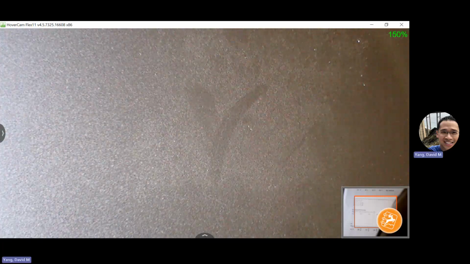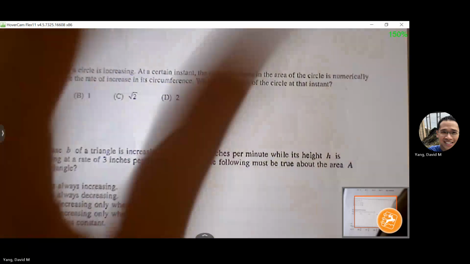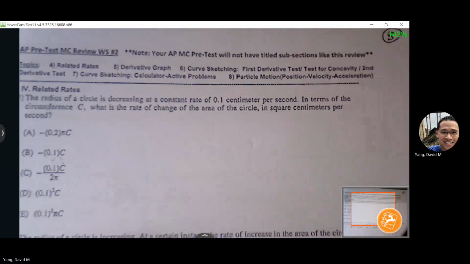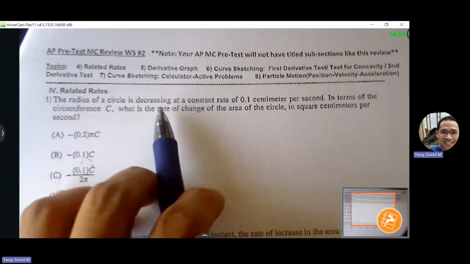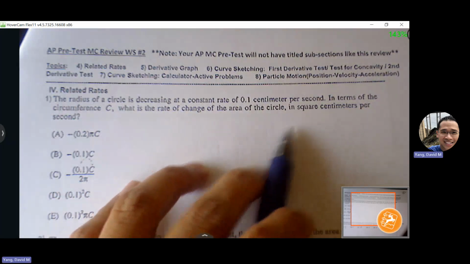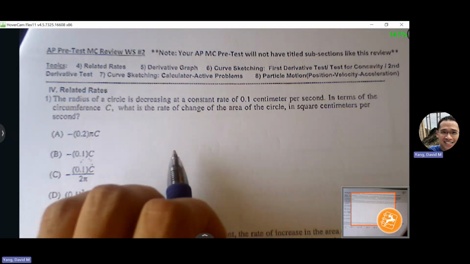Okay, page 5, let's review some related rates. So with related rates, we know that if there's time involved, we have to attach a d/dt for each of our variables.